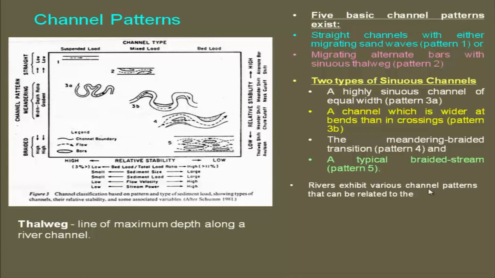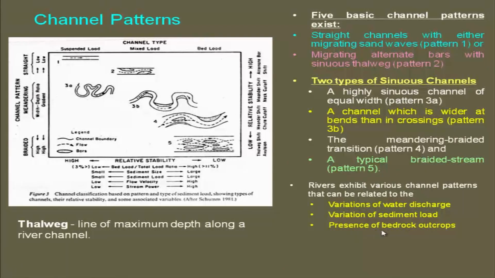So, a river exhibits various channel patterns that can be related to variation in water discharge, variation in sediment load, presence of bedrock outcrops, human influence and tectonic influence. These are all important aspects which can play an important role in changing the channel pattern from straight to braided.